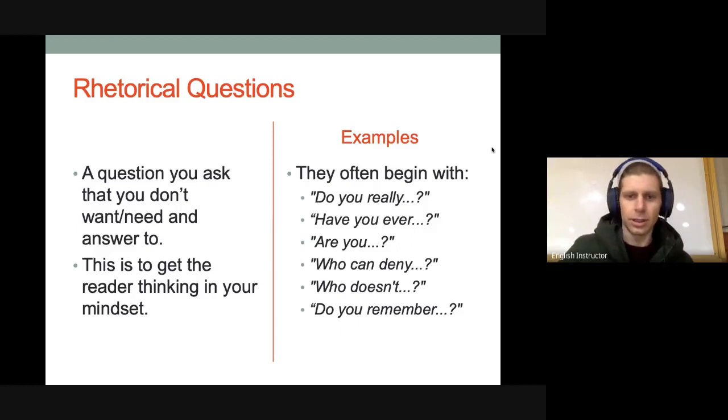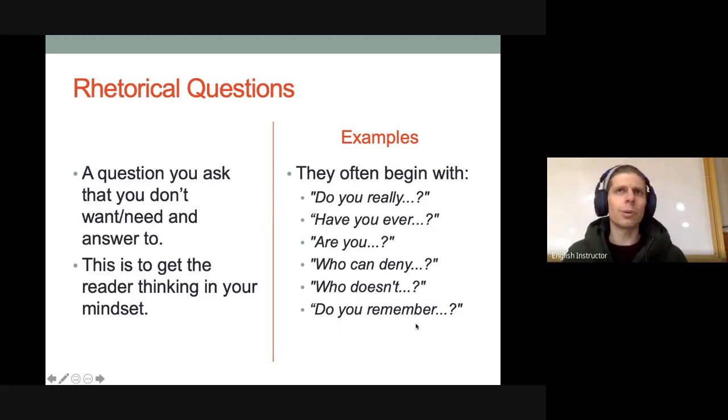So for instance, your essay could start with a hook that's a rhetorical question, and it could be something like, do you remember the first time you ever tried chocolate ice cream? Obviously, you don't need the reader to say out loud, yes, I remember the first time I had chocolate ice cream. It's just a way of introducing the idea of chocolate ice cream and whatever your topic is going to be about.